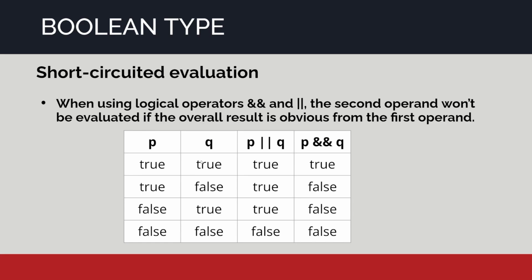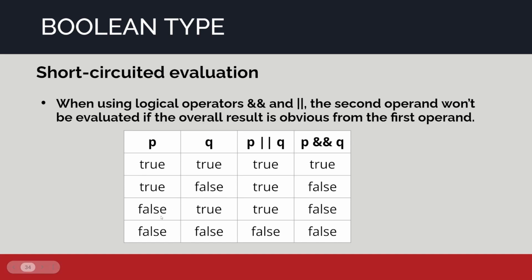And conversely, with the AND operator, if I was to ask you the same sort of question, here are 2 candy bars, I want to know if there's nuts in both of them. If you opened up the first one and there were no nuts, you could answer my question right away and say, nope, there's not nuts in both of them because there's not nuts in the first one. And Java can do the same thing.